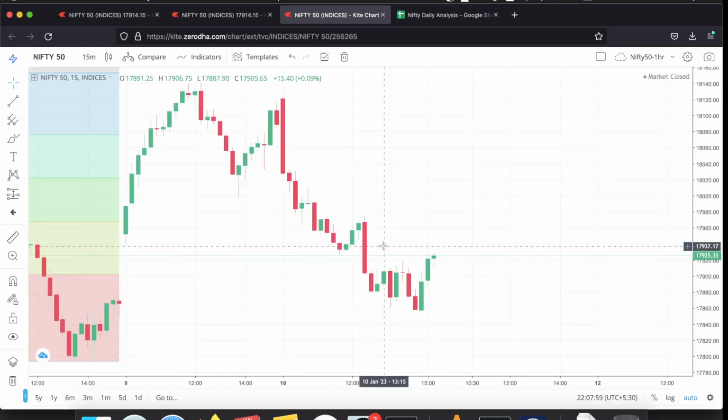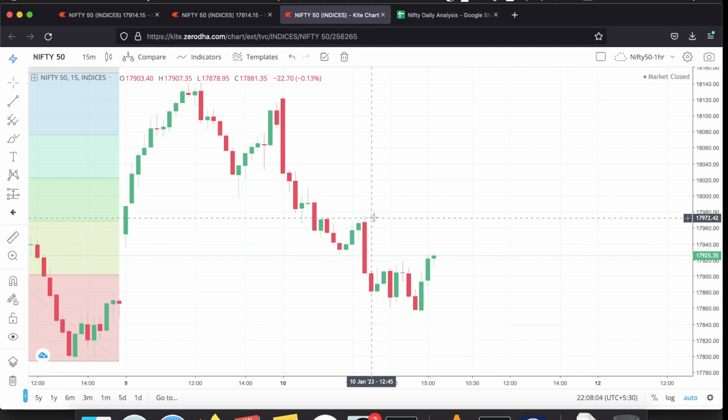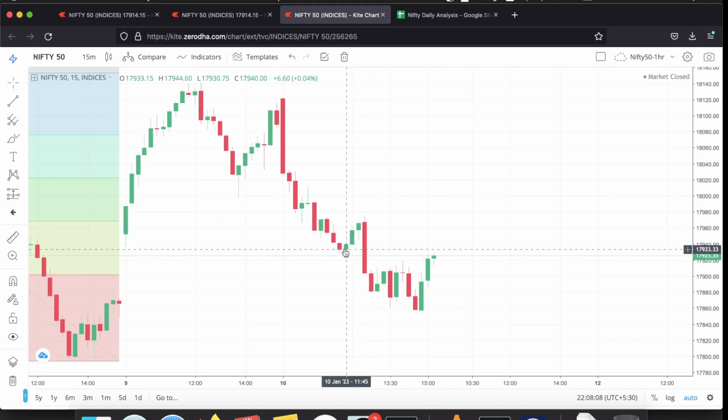Around this point, we faced strong pushback because at 17,930 it took support and then it rose up to 17,970, 17,965 levels. And here there was a very strong bearish candle which broke down the support.